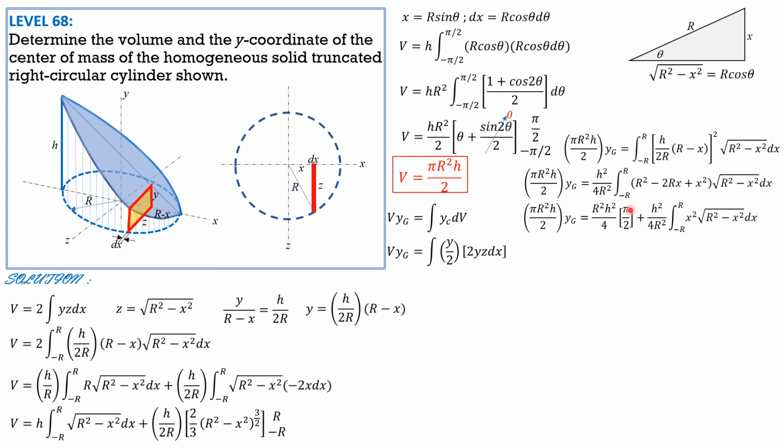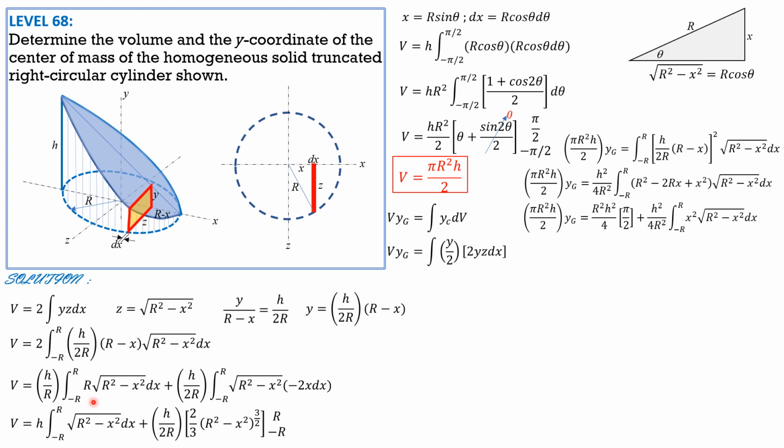And the result is pi r squared over 2. We just ignore h because it is constant from here. So I apply experience here from this integration of the first term. I hope it is no longer an issue. So h squared over 4, because we cancel r squared.